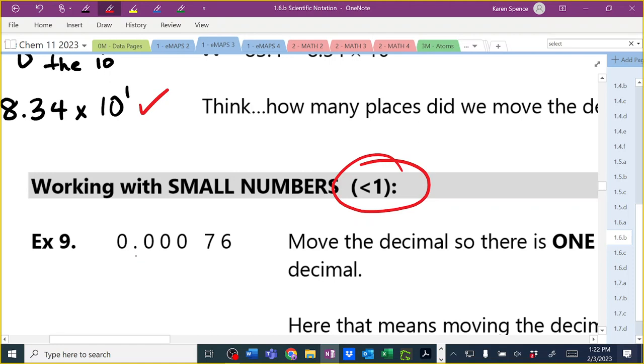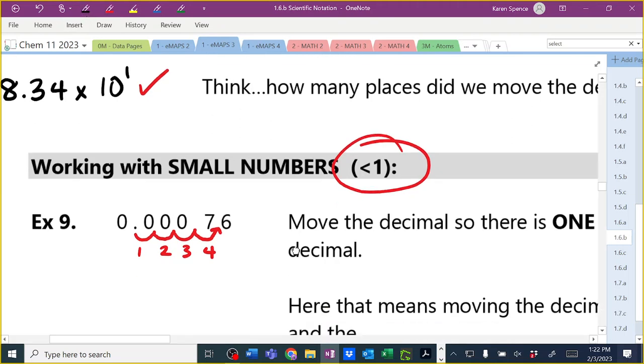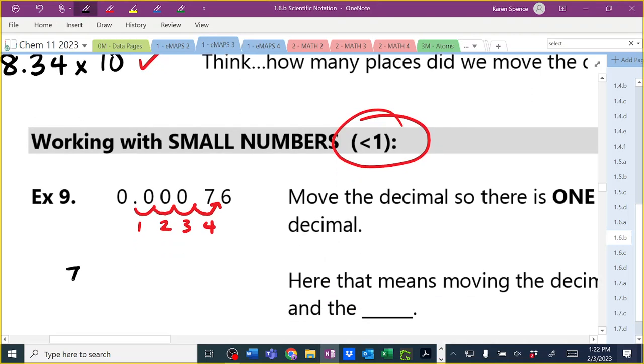So in this case, we have to move the decimal to the right 1, 2, 3, 4 places. So now we have 7.6, and it will be times 10 to the, because we moved it 4 places, it's going to be a 4.